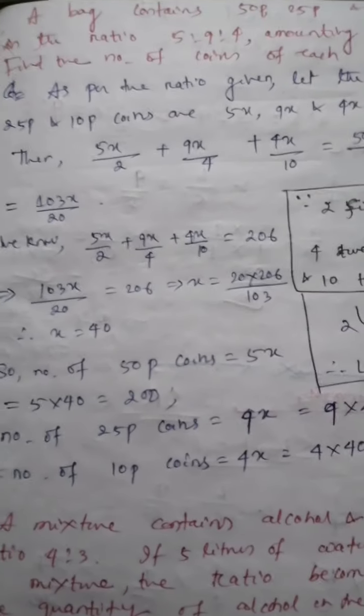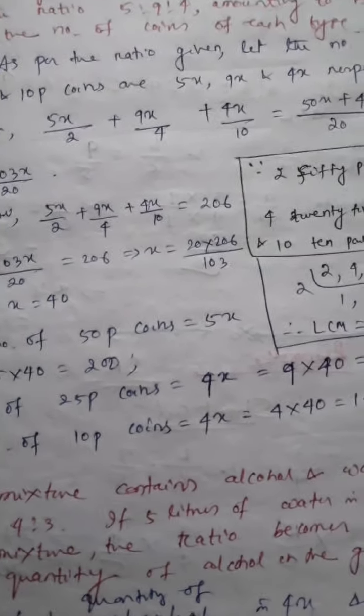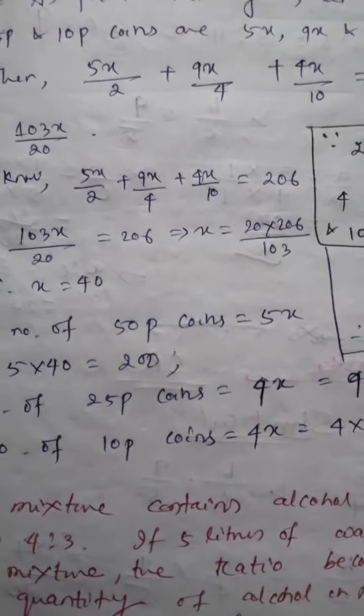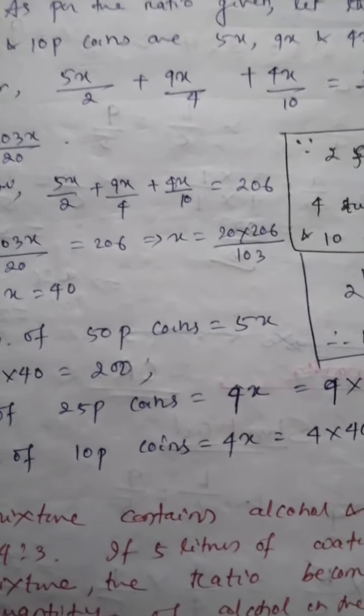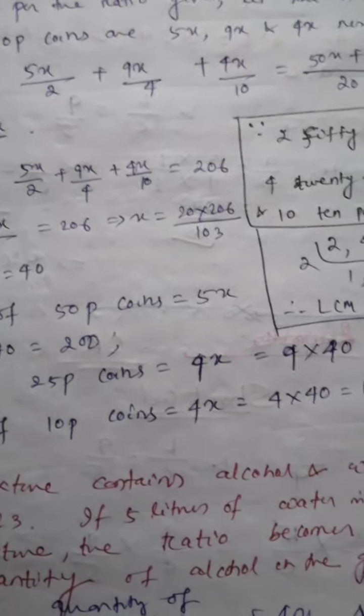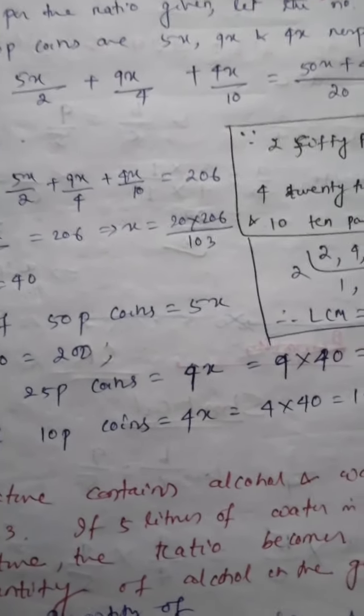I will first write 5x by 2 plus 9x by 4 plus 4x by 10 equal to something. But where did these integers 2, 4 and 10 come from? That we have to inquire.